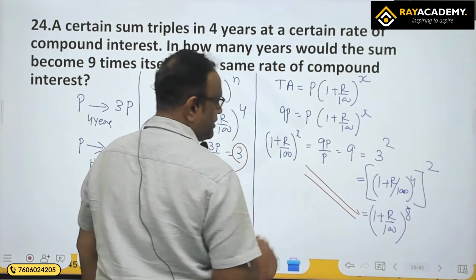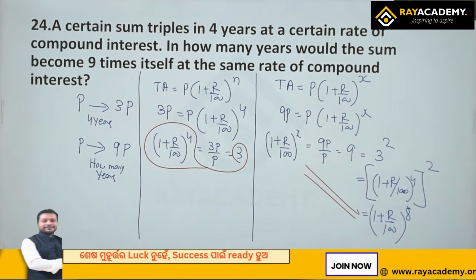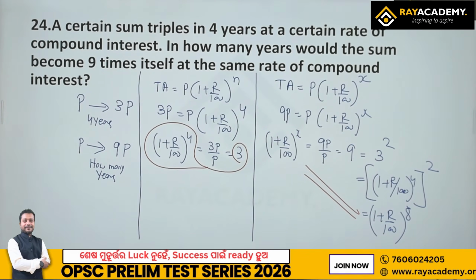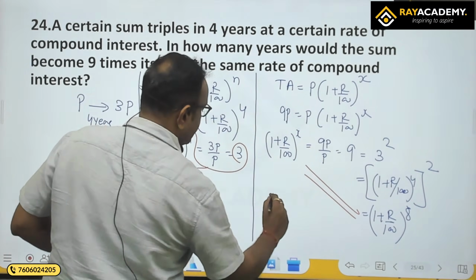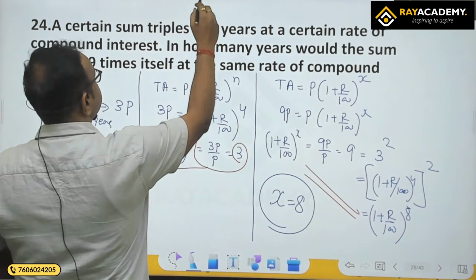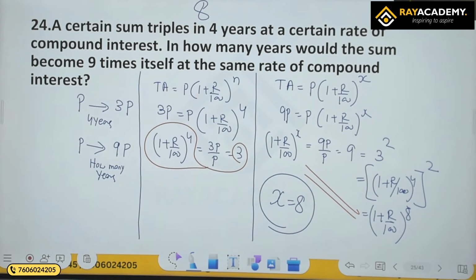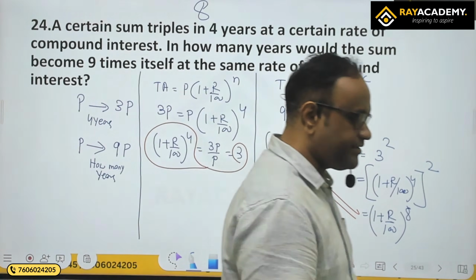These two are equal; the base is the same, 1 plus R by 100, the power is x on one side and 8 on the other, so x equals 8. So the answer is 8 years for the sum to become 9 times. This is the conventional approach.